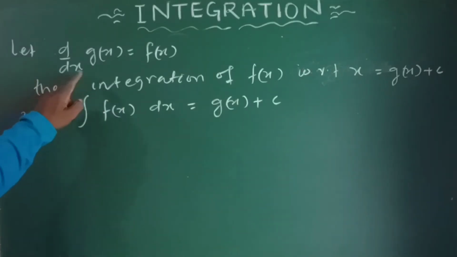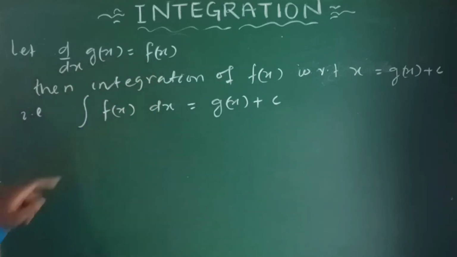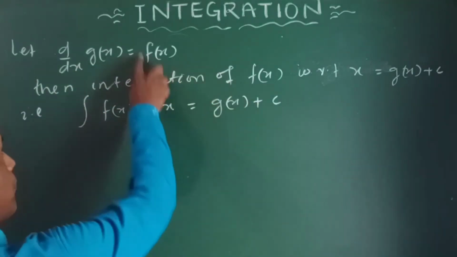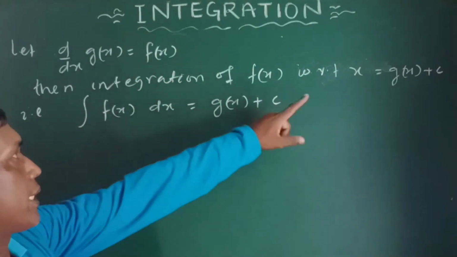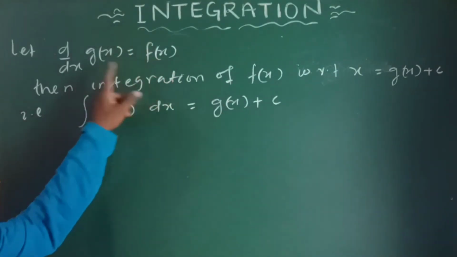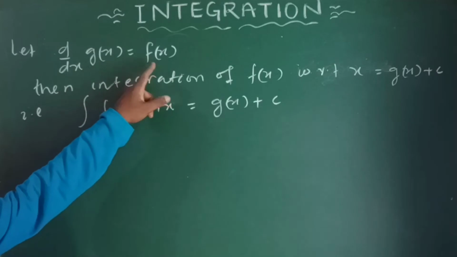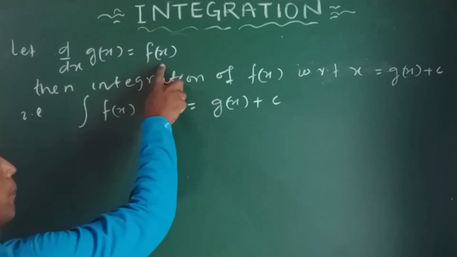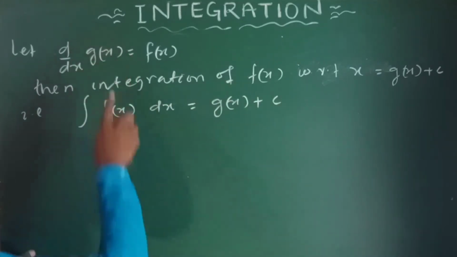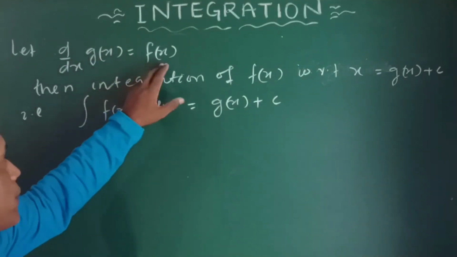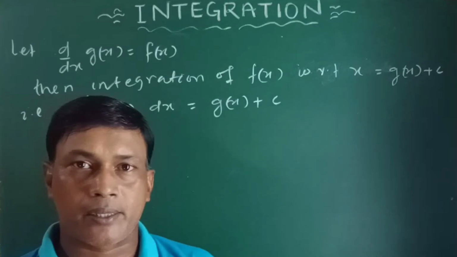The symbols are like this. Let the derivative of g of x be equal to f of x. Then the integration of f of x with respect to x, where the variable of integration is x, is equal to g of x.